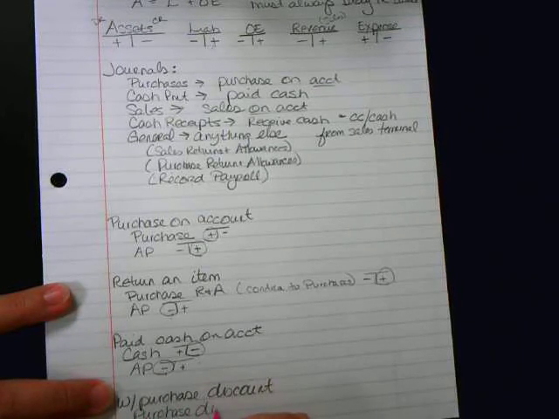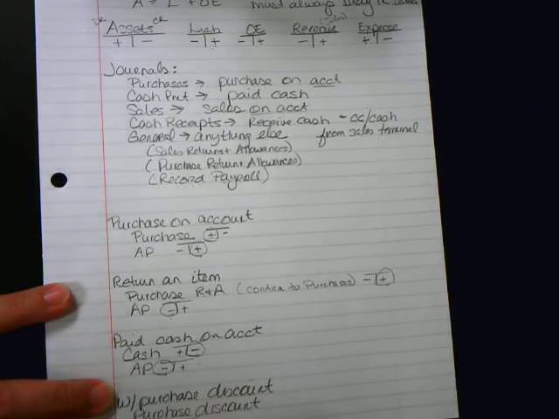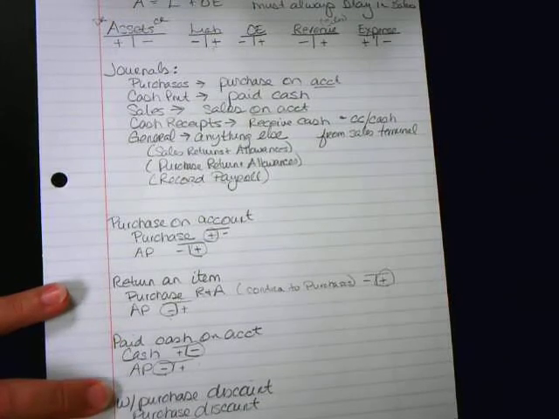And there's a column for that in your journal. So purchase discount has a credit normal balance. We're going to keep track of all the discounts, so we're actually going to increase it.